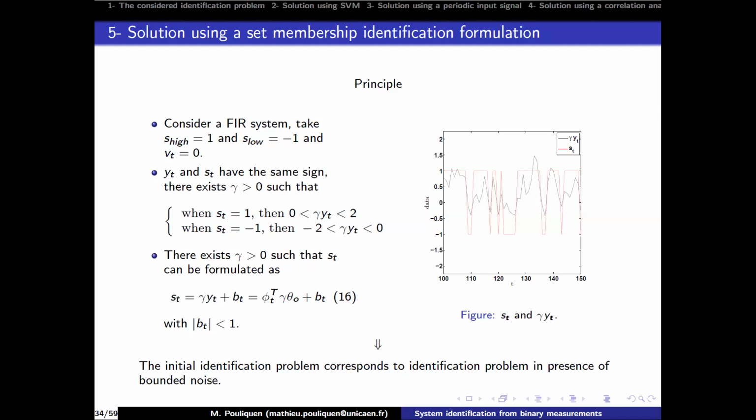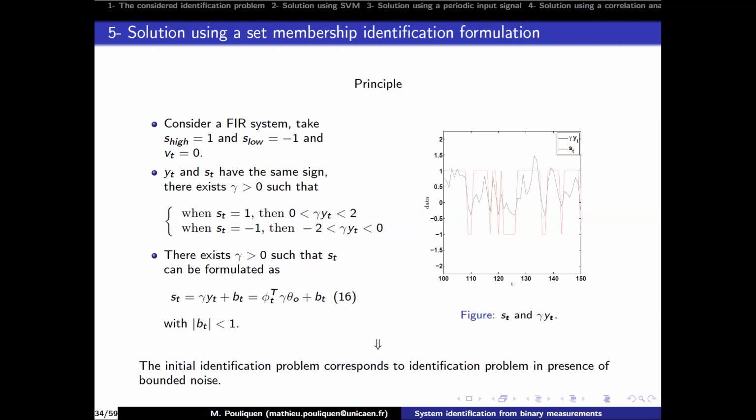can be expressed as a function of the real parameter, theta 0, and a bounded noise BT, a noise bounded by 1. The idea here is to cast the initial problem in an identification problem in bounded noise, and if you use the gamma term, you can constrain the real output, and you obtain this new formulation of the problem.